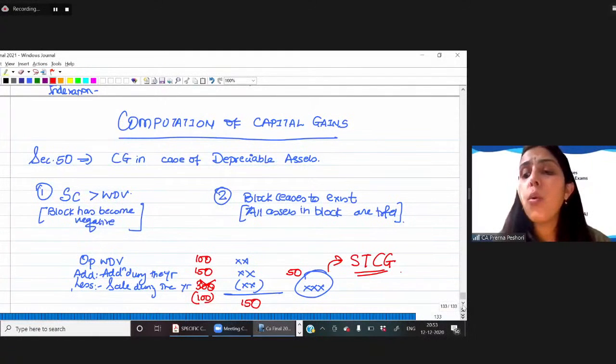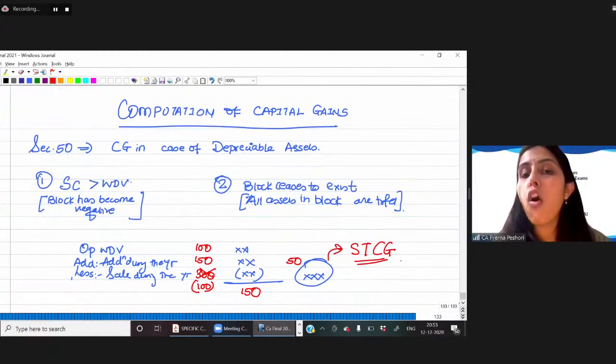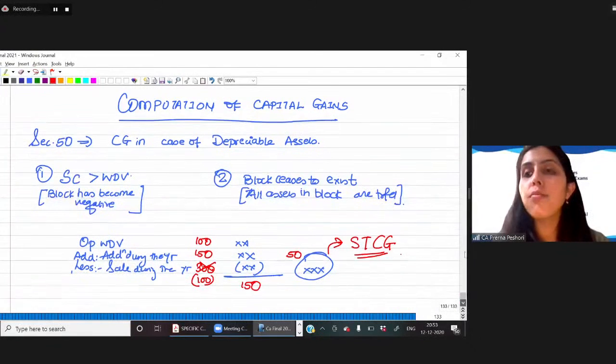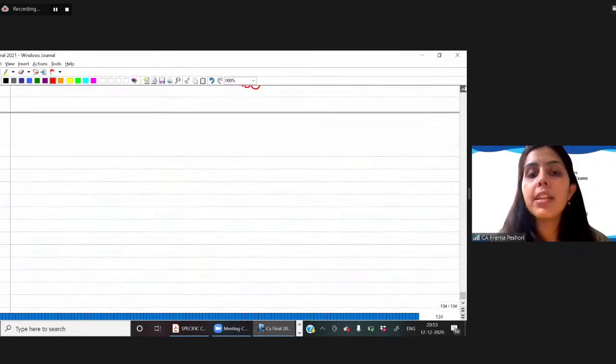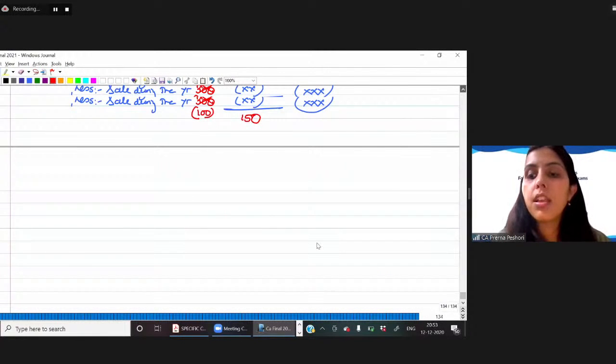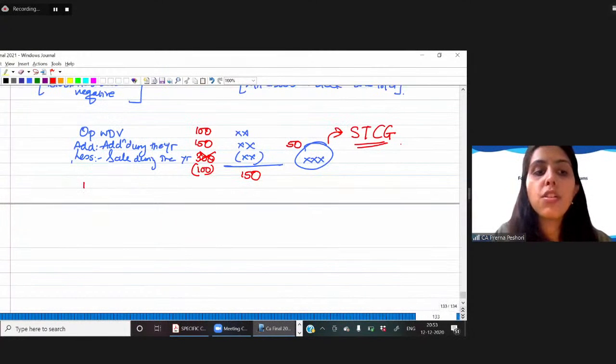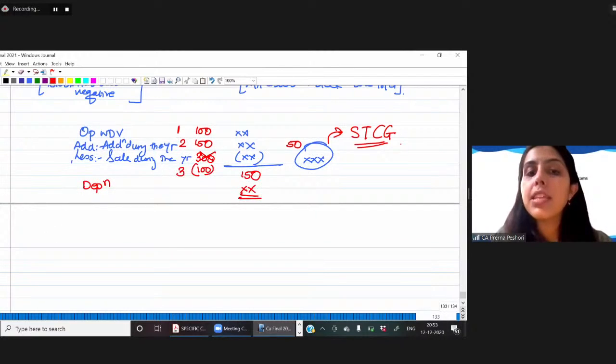If there is a positive value in the block and not all assets in the block are transferred, you will claim the depreciation on 150. Are you getting that? But say there was this one asset, this two asset, and all the three are transferred, but still there is a value in this block.